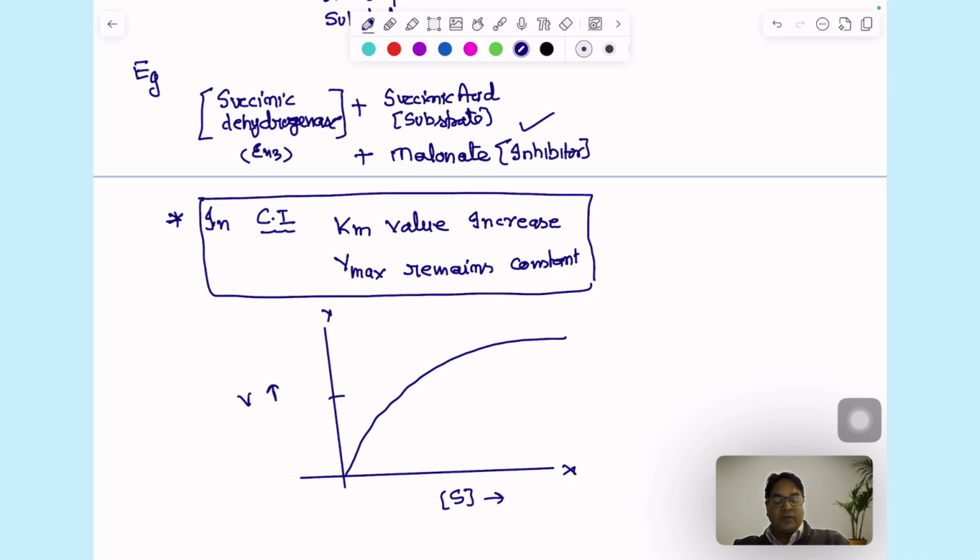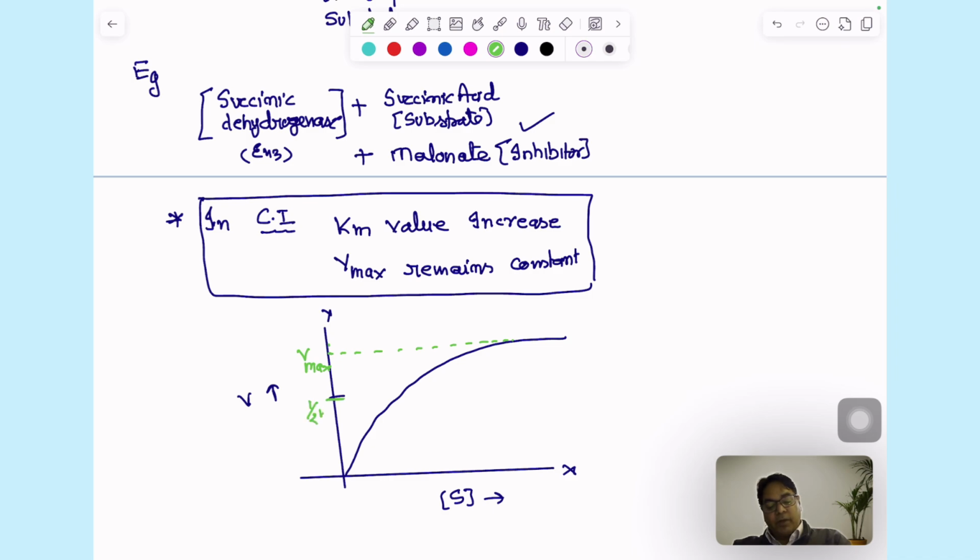The rate of enzyme action is plotted versus substrate concentration. Where the bending occurs, that becomes Vmax.